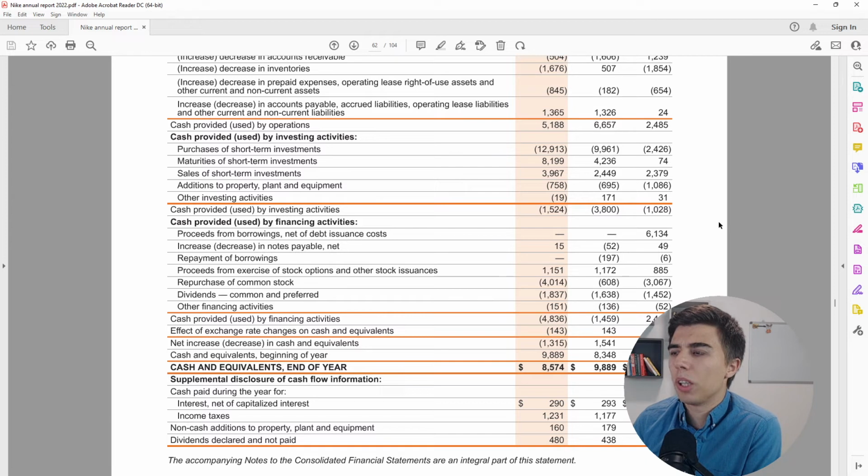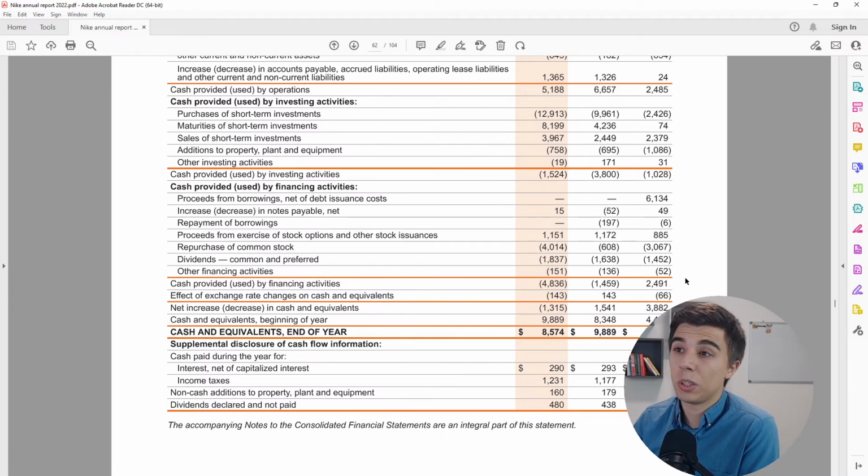Maybe it's good to comment a little bit on the share buybacks. They're creating value for the existing shareholders if the share price is below the fair value of the company. Because if that's not the case, if they're buying back shares that are overpriced, then they're destroying value because they're spending the money of the company to buy back an overpriced share.